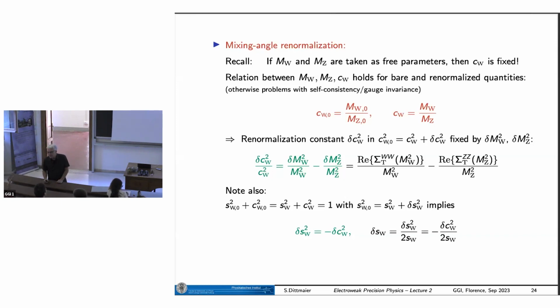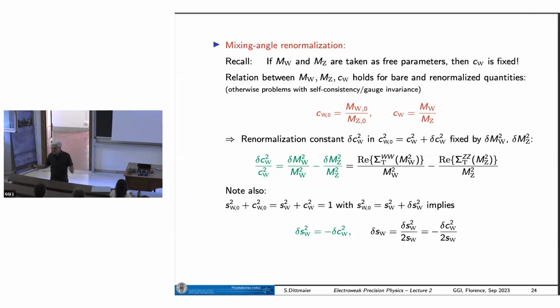Since c_W is a ratio of these two, what is the need of renormalizing c_W? As I've said, it's only a matter of convenience. You need not do this, because when you have a calculation, either Feynman rules or full amplitudes, you can always eliminate your c_W by the mass ratio, and you have taken care of the masses, so there's nothing to do.